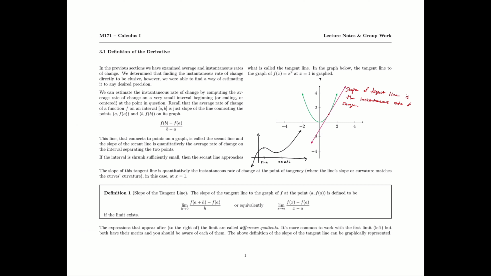Let's move a separation of h units away, and then we have another point. Now if we connect these two dots together, this forms the secant line. And the slope of the secant line is the average rate of change.